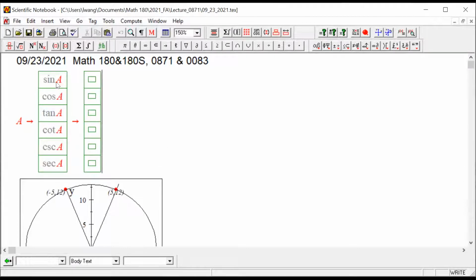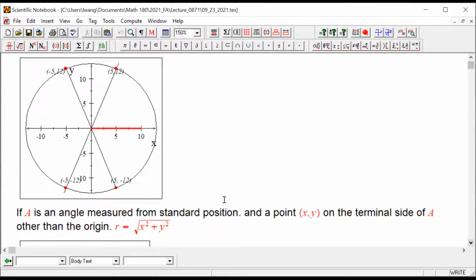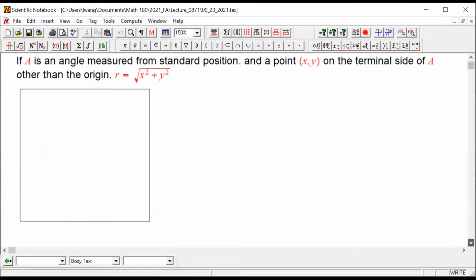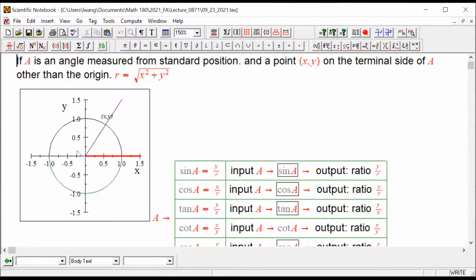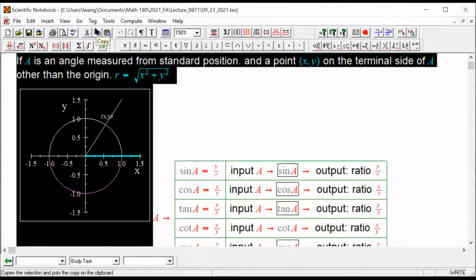Now we have six rules altogether introduced to us. So we must understand what they are, what's the input, and what's the output. And the ratios are just ratios of various kinds. So this exercise we're going to do together today is to better understand that.